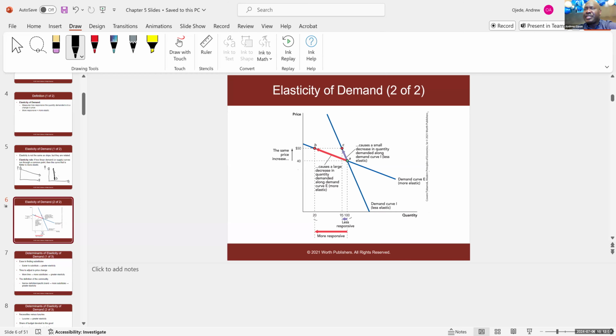If the price decreases, for example, and consumers increase a lot of the quantity demanded, that's going to be goods with elastic demand. So it goes both ways. Either a decrease in price triggers a disproportionately larger increase in quantity demanded, or an increase in price triggers a disproportionately larger decrease in the quantity demanded. So we'll talk about that.